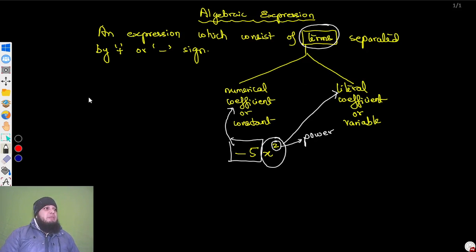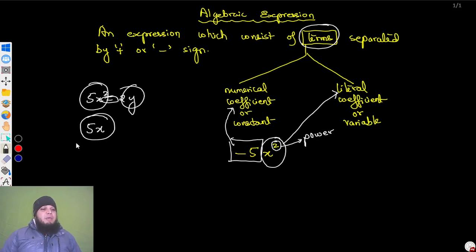For example, 5x square minus 2y is an algebraic expression because it is made up of terms separated by a minus sign. Even 5x is an algebraic expression, and it consists of only one term.